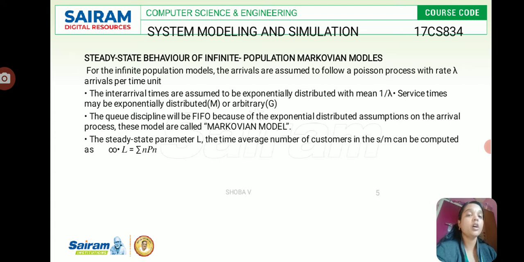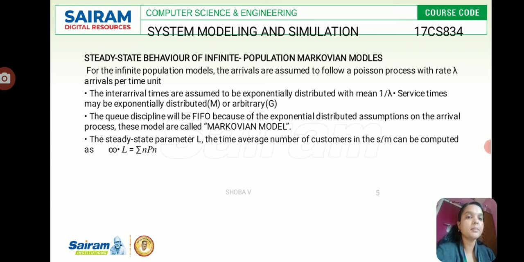Suppose the customer may leave the line, or he may be in a slow line, waiting for a long time. So they have considered the concept of first in, first out, and priority will be given on the FIFO basis, because the exponentially distributed assumptions on the arrival process apply here. This concept we can call a Markovian model.